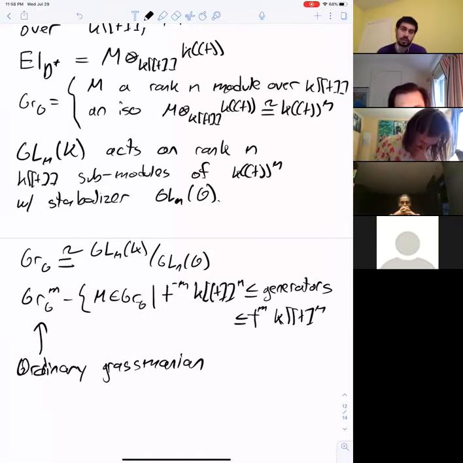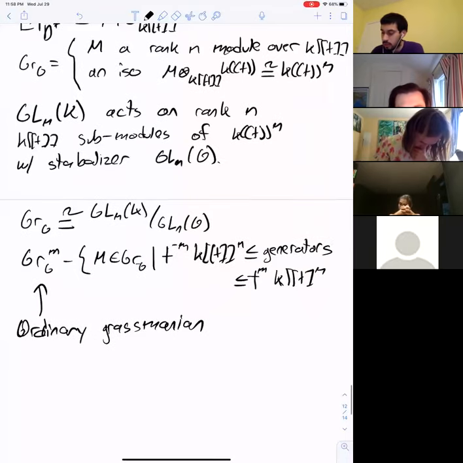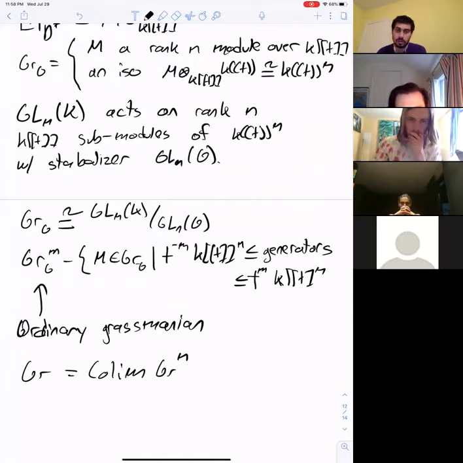So this gives us, and you can take GR equals the colimit of GR_N. That's, for example, how Zhiwei Zhu shows that it's an ind-scheme. So yeah, that's one utility of this way of thinking about it.